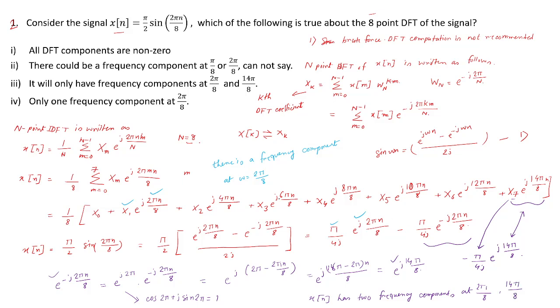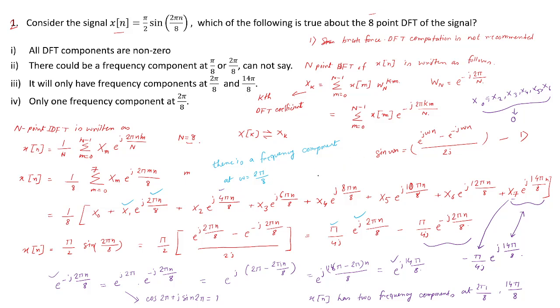Do you see that these frequency components are present in the expression of xn? Therefore all the other DFT coefficients, x0, x2, x3, x4, x5, x6, they all go to 0.